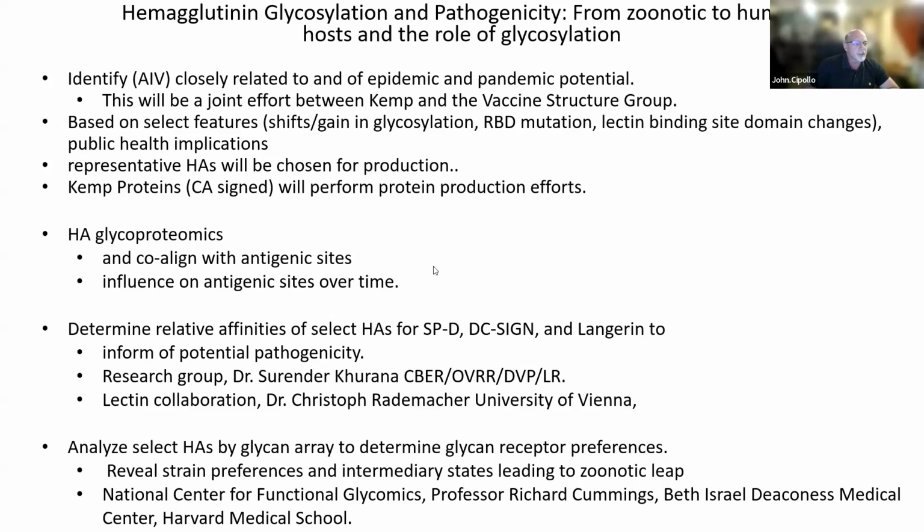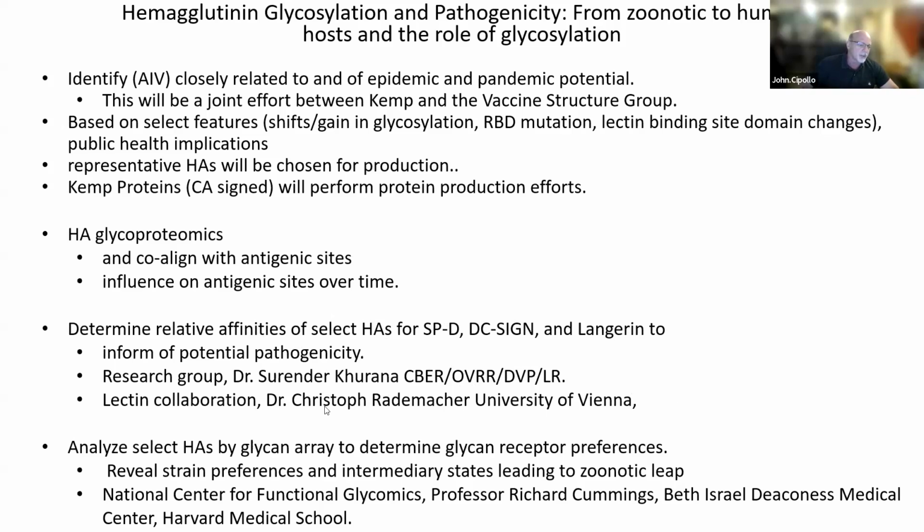H8 proteomics, we'll look and co-align antigenic sites and influence on antigenic sites over time, and then determine the relative affinities of select HAs to these various lectins. And hopefully that will help to inform us of pathogenic potential. And so we've coupled with these groups, as I've already mentioned.